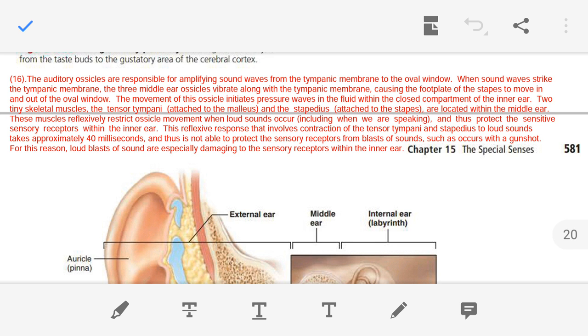If they remain in this industry working for years, their hearing mechanism is going to be affected, and eventually they will lose their hearing sensation.